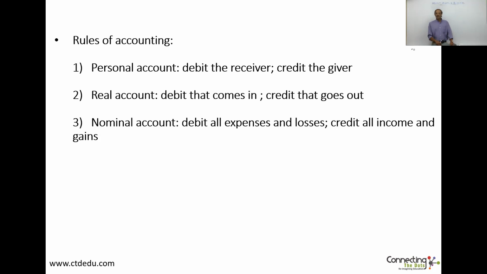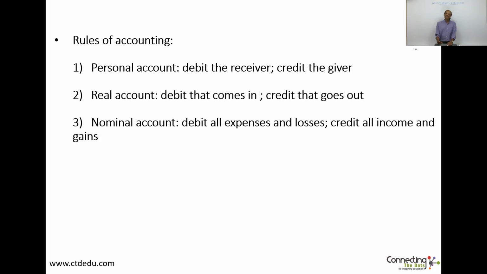Now, let us look at the rules of these accounts. The first one here is personal account. The personal account states debit the receiver, credit the giver. The person who receives the money should be debited, and the person who pays the money should be credited. For example, you go and pay bank 10,000 rupees from your cash.